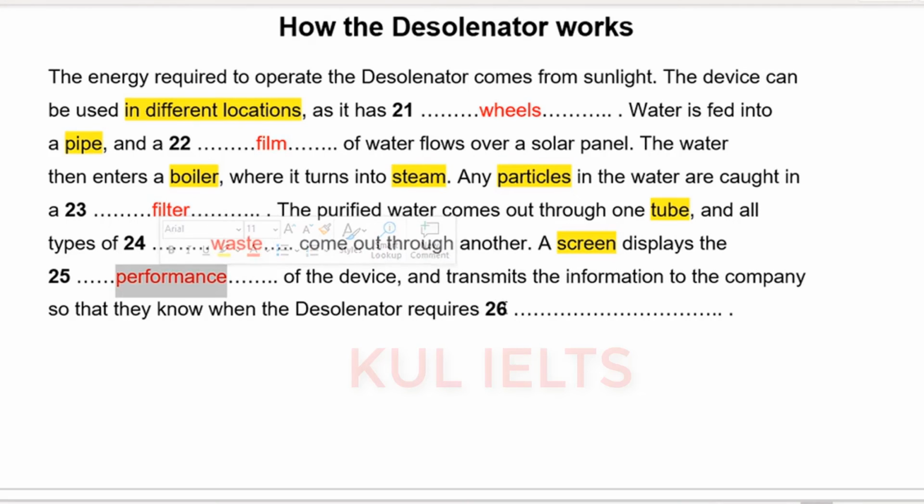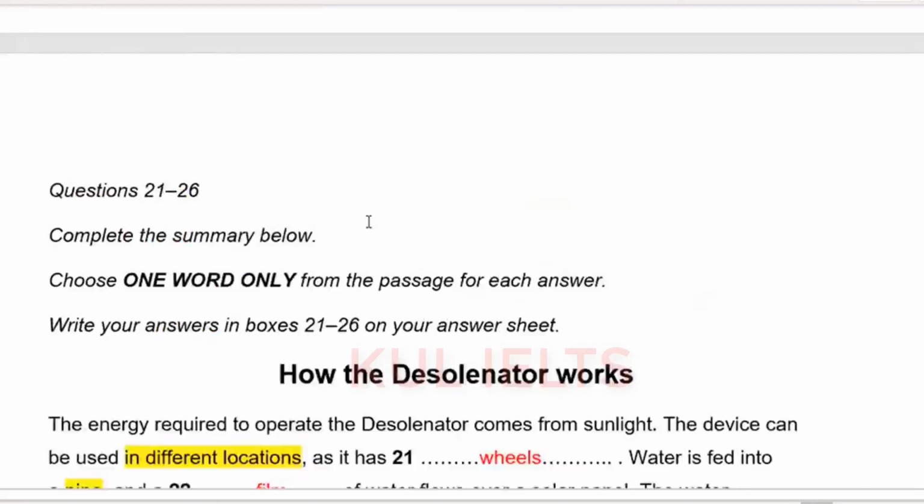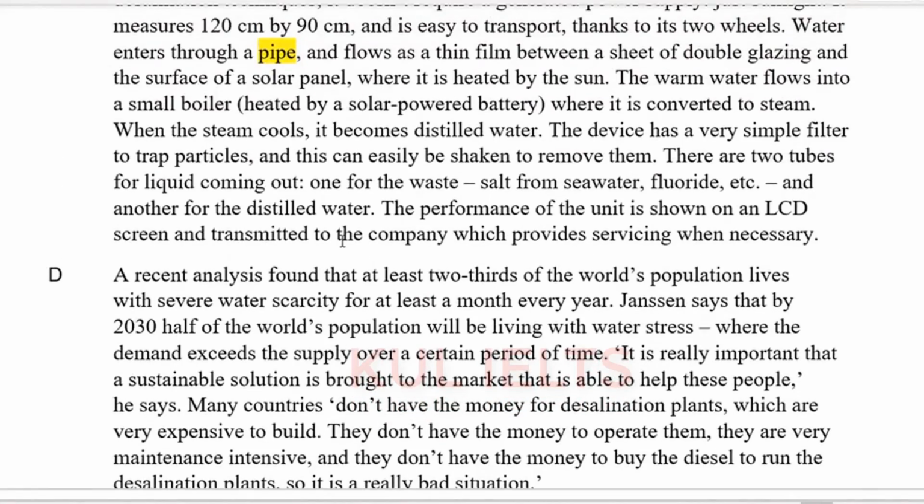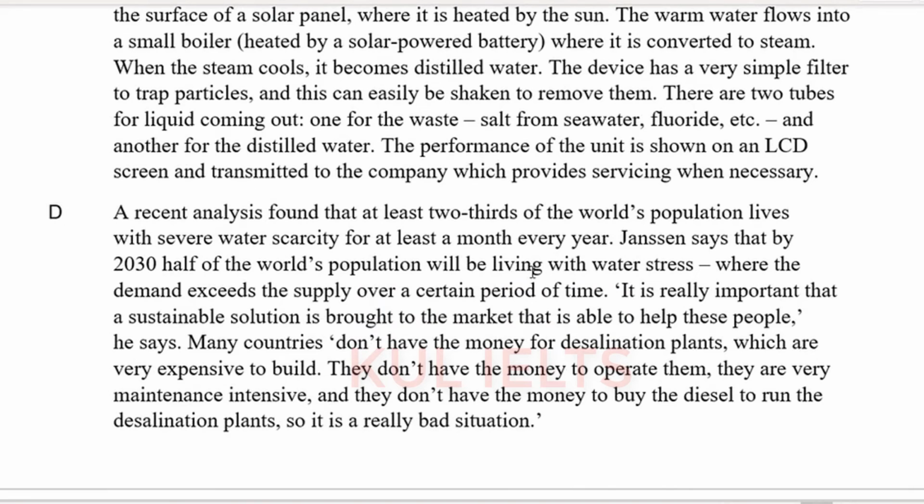And then finally, it should be quite easy, so that they know when the desalinator requires or needs, transmit it to the company which provides servicing when necessary. So requires, needs something, we're looking for a noun, the company, and servicing. That's the only two nouns in that sentence, so of course it's not the company.